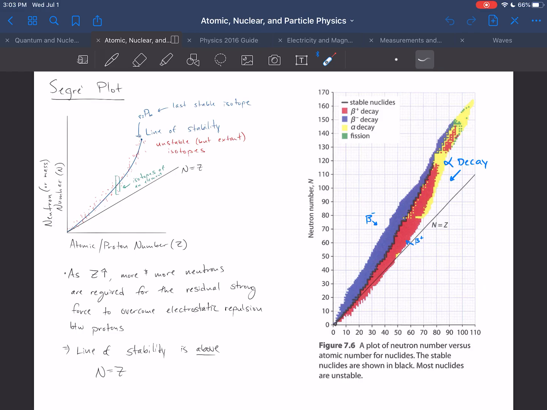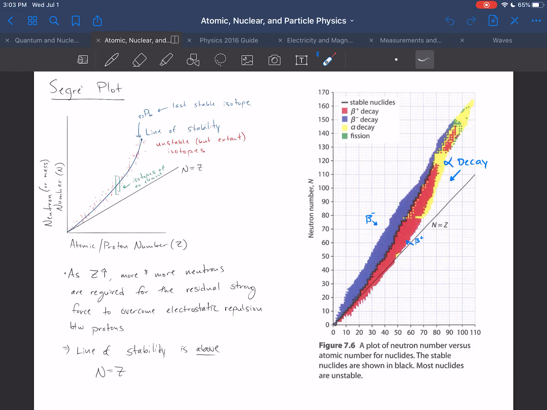Now, why don't you just keep adding neutrons? Well, as it turns out, neutrons compared to protons, for reasons that we'll discuss later, are more unstable. So if you can, you'd prefer to have a proton, so to speak, from an energy perspective. That is, neutrons left to their own devices will actually transmute and become a proton plus an electron. A bare neutron, if you manage to isolate a single neutron, would immediately undergo beta decay, and beta minus decay in particular.